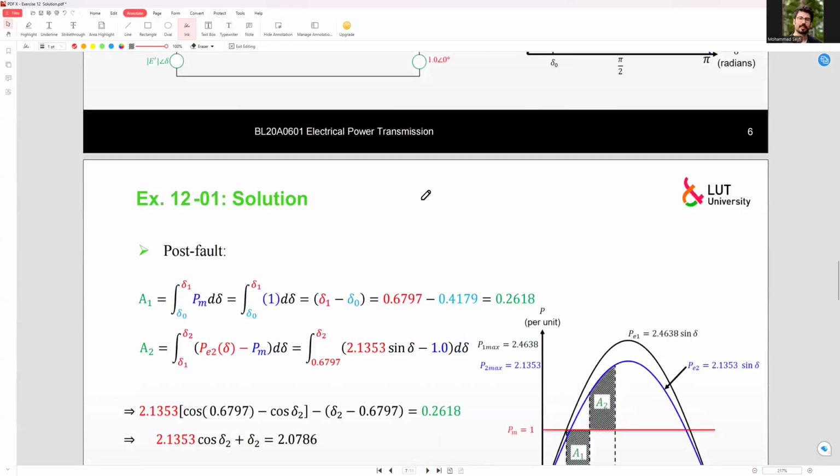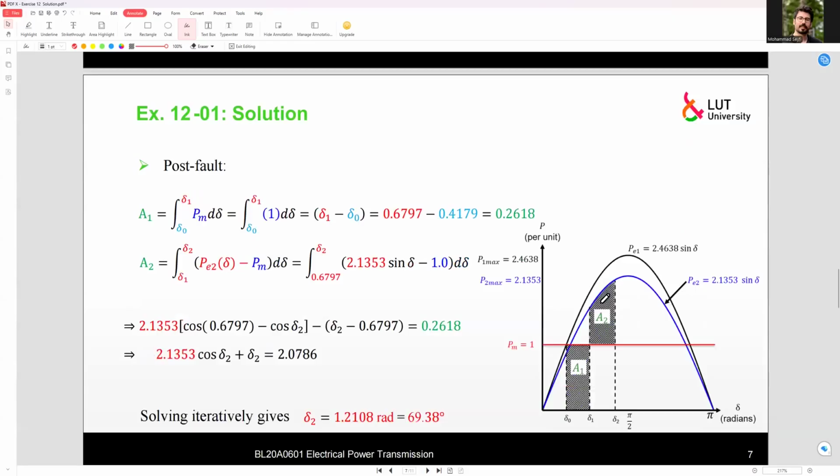form the accelerating and decelerating regions, where A2 should be equal to A1, right? To maintain the stability of the system.